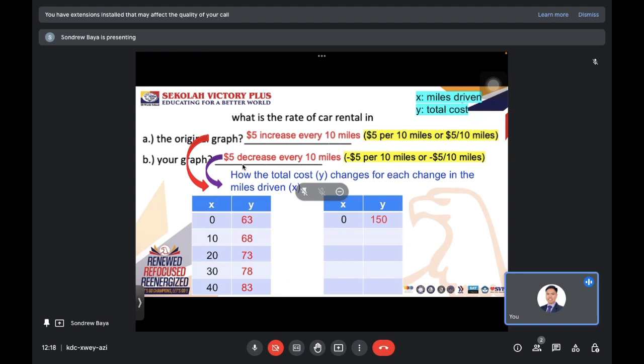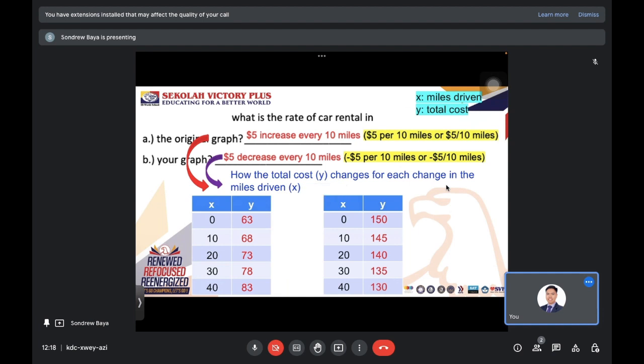That means covering 10 miles, instead of having a larger value, it would be lesser by $5. 20 miles, lesser by $5. 30 miles, that's 135, and so on and so forth. All right. In other words, these rates tell you how y changes. The rate actually helps us determine the y every time your x changes as well.